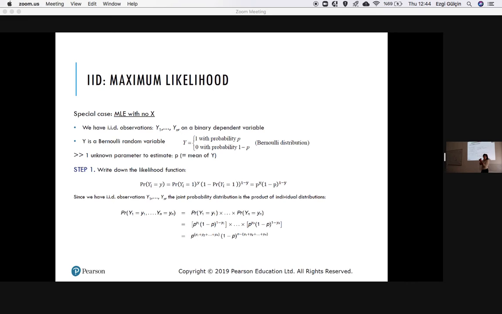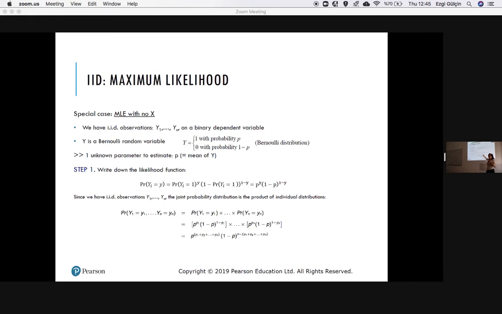So the probability of observing each observation, the probability of y1 equal to small y1, is the probability of observing the first observation. You remember this, no? Each observation has a probability distribution.